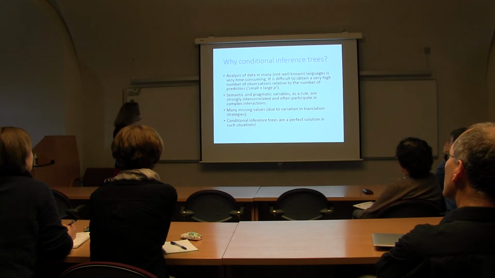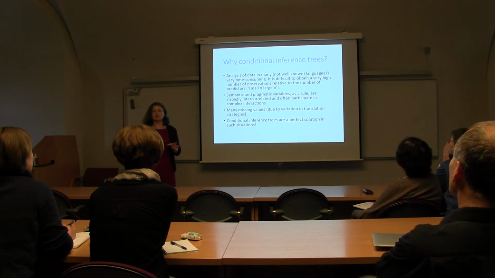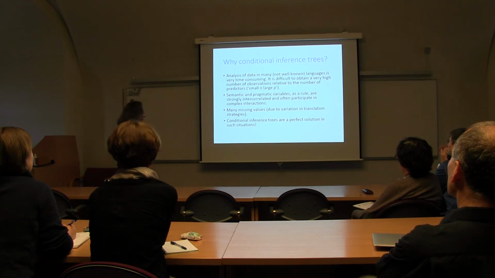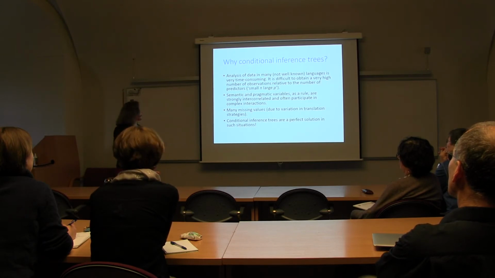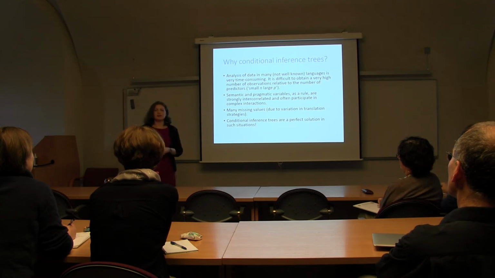Then there is another problem: semantic and pragmatic variables, if you try to model this kind of variation, are usually, in my experience, very highly intercorrelated, and then there is a risk of multicollinearity and meaningless results in a traditional regression. They also often participate in complex interactions, which are really difficult to model and to interpret.